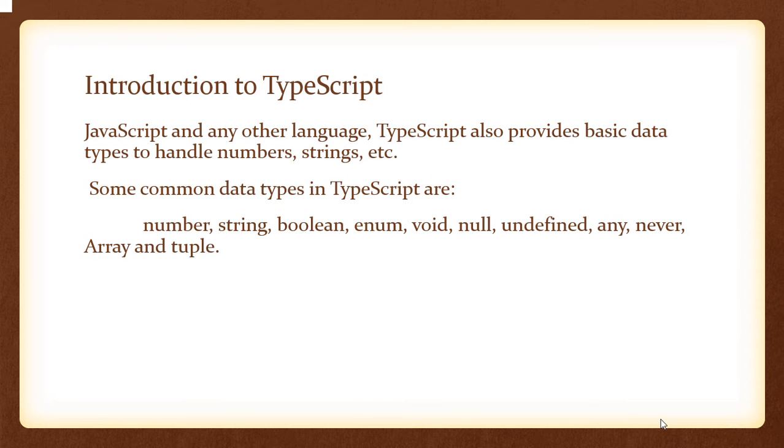Some common data types in TypeScript are number, string, boolean, enum, void, null, undefined, any, never, array, and tuple. In this tutorial, I am going to discuss the frequently used data types, the ones we have when writing code in components.